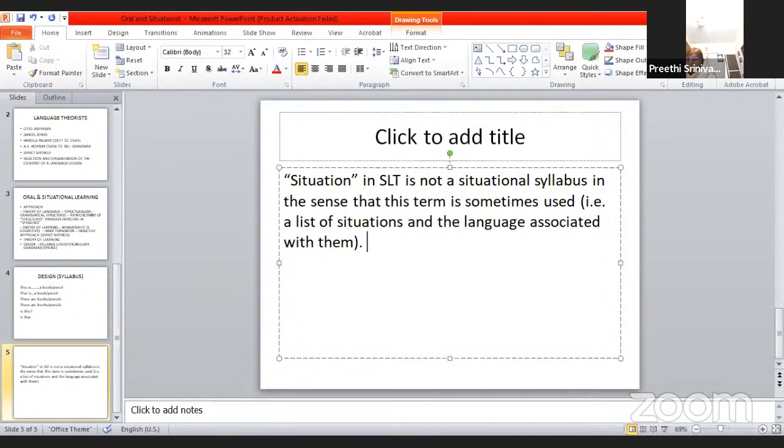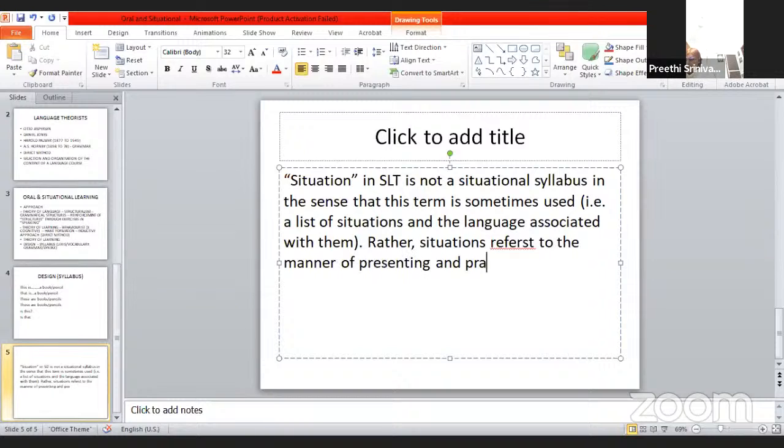So here your textbook says rather situation refers to the manner of presenting and practicing sentence patterns.